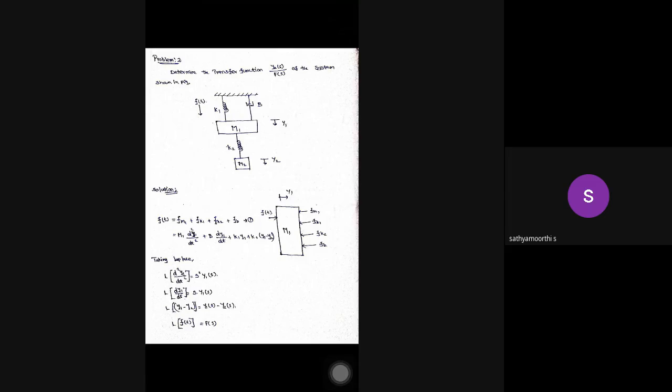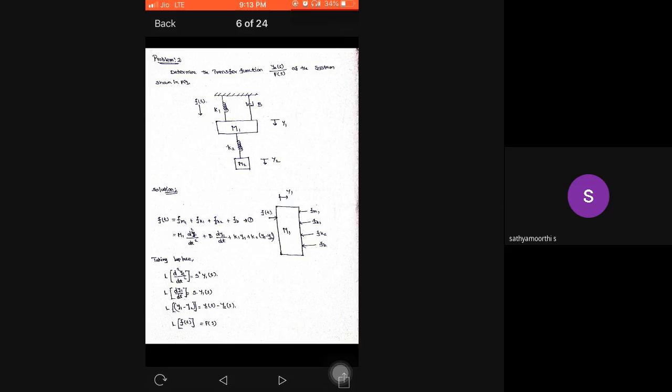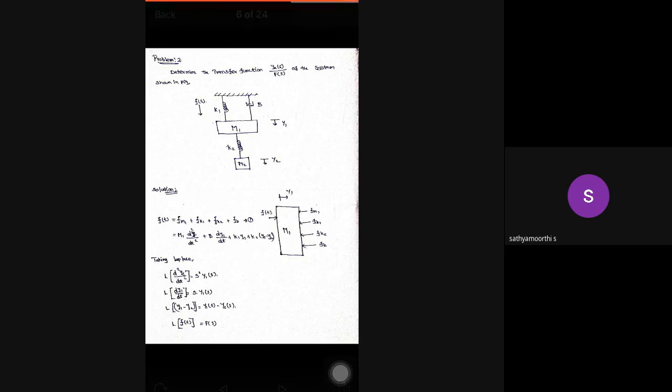After calculating these equations, we have to substitute the notation terms. Fm1 means we substitute the m1 mass value with the second order term, d square y1 by dt square. Then the Fb term is b into dy1 by dt, plus k1 into y1 for the k1 value.